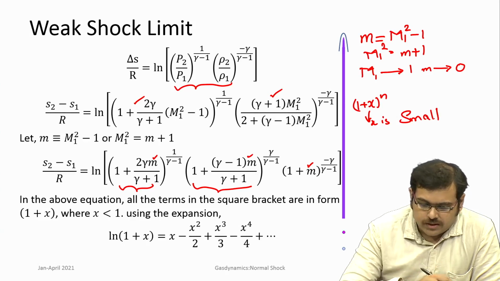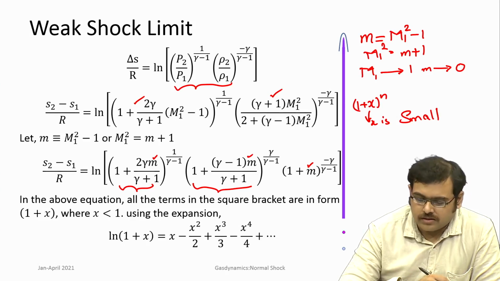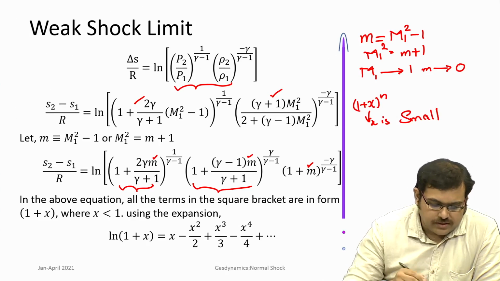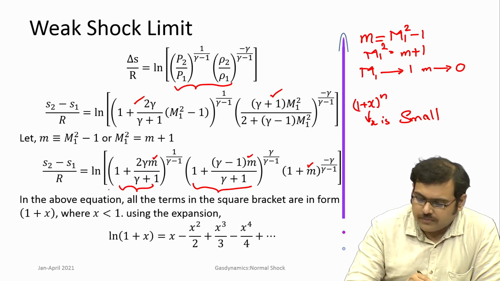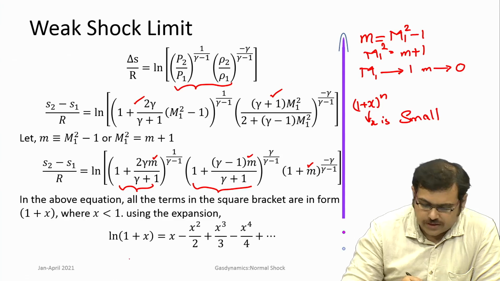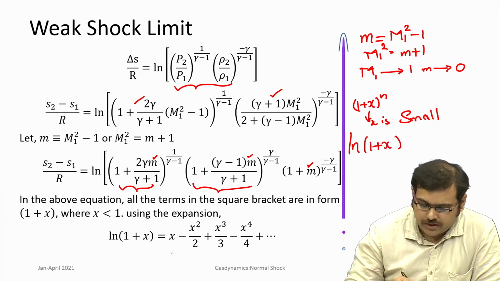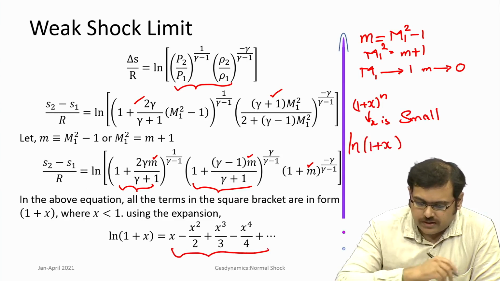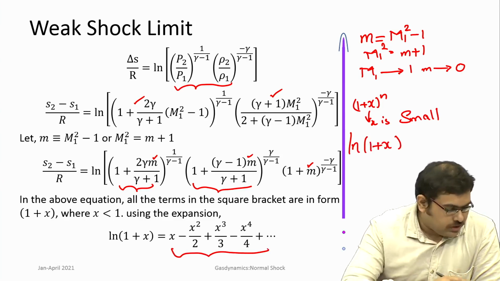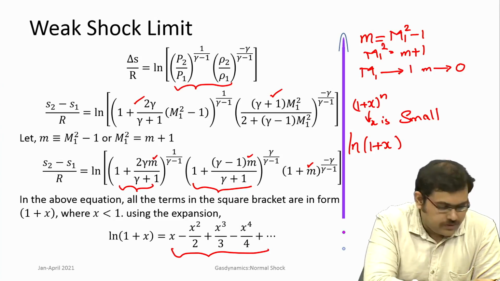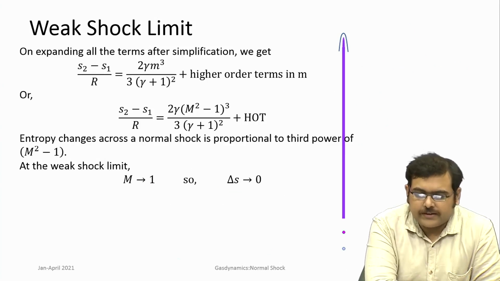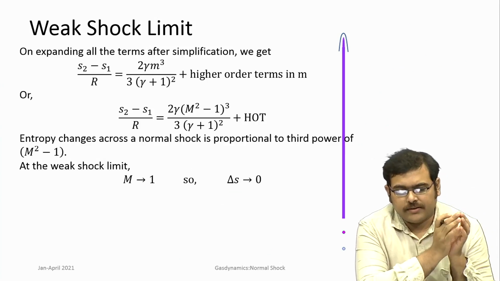So this is in terms of log, and you can use the power series to expand this log of 1 plus x. The expansion is given over here, and you expand all the 3 terms and collect the terms together.